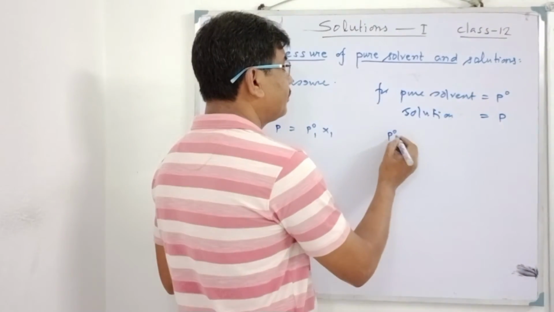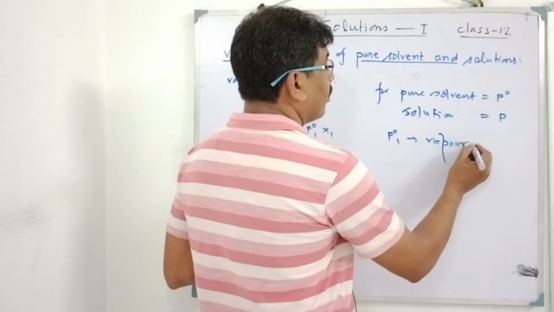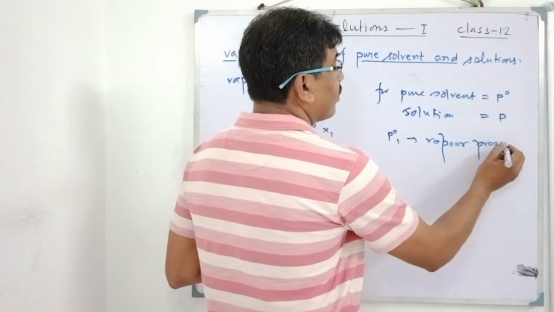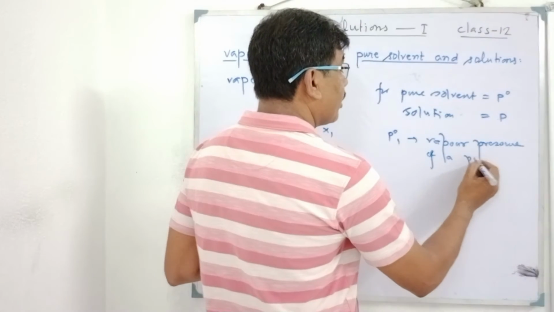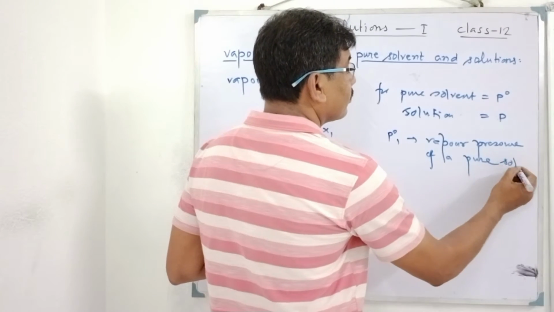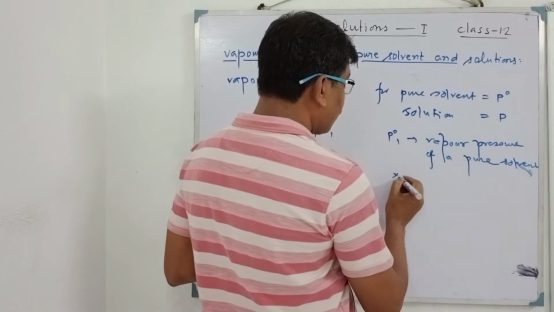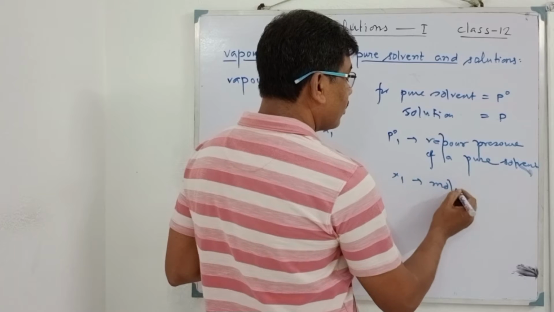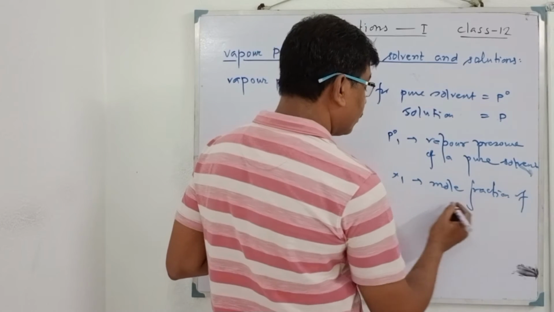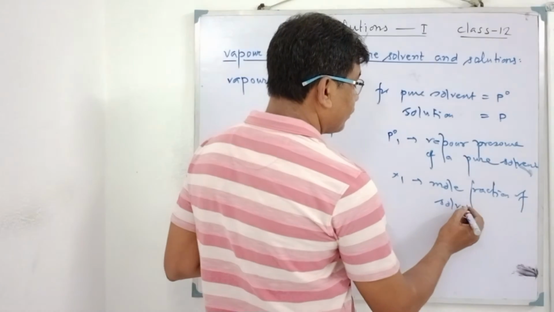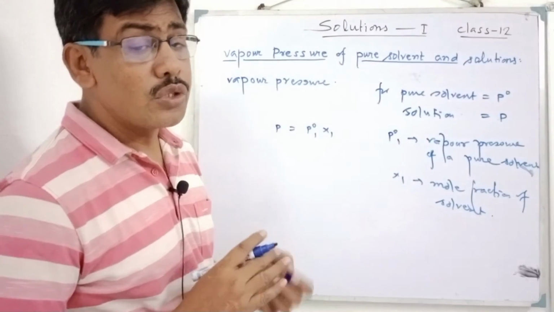Here P naught 1 is the vapor pressure of a pure solvent and x1 is the mole fraction of solvent. This is Raoult's law.